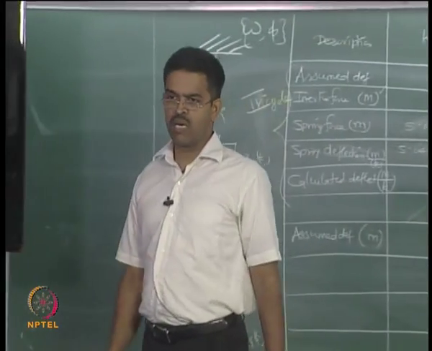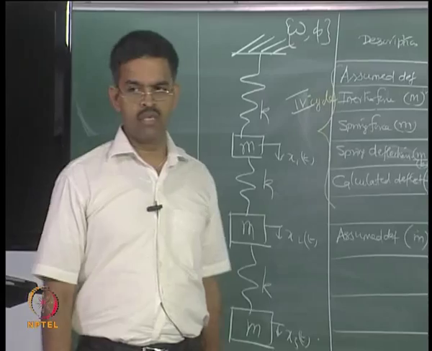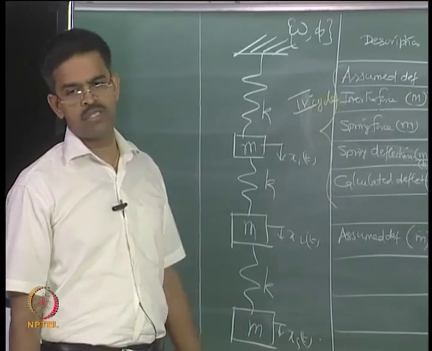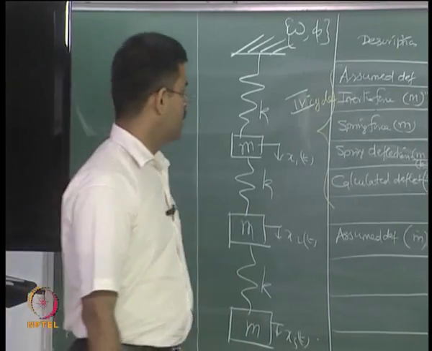We want to check this quickly with the influence coefficient matrix and Dunkerley and then see where we stand in this method. Any doubt here?